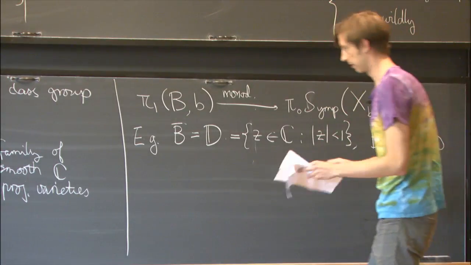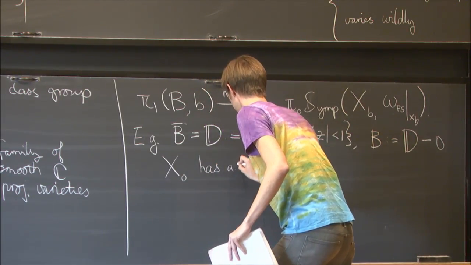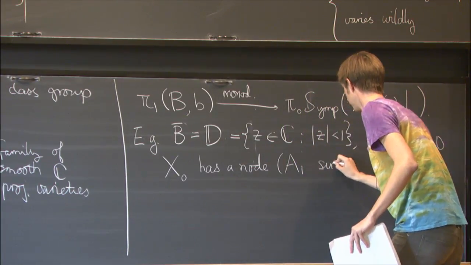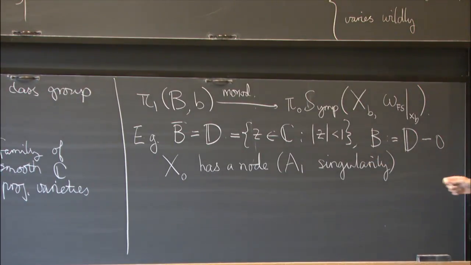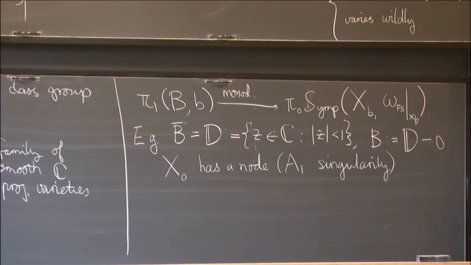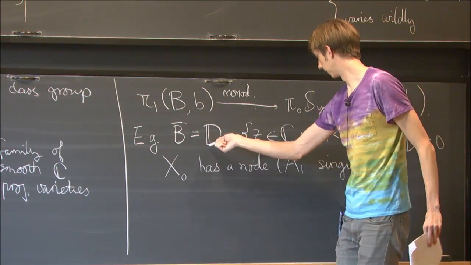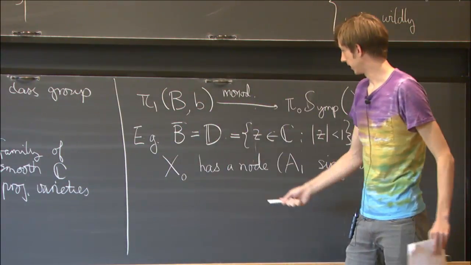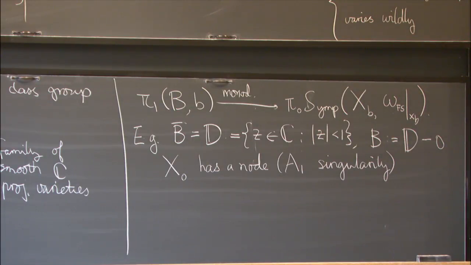So here's an example. We can look at a family over the complex disk, which is not a family of smooth projective varieties because the central fiber X0 has a node, or an A1 singularity.